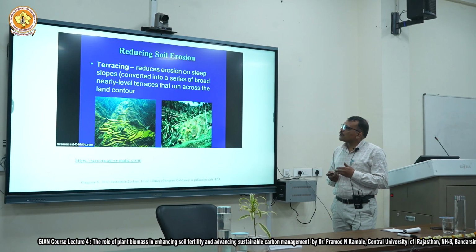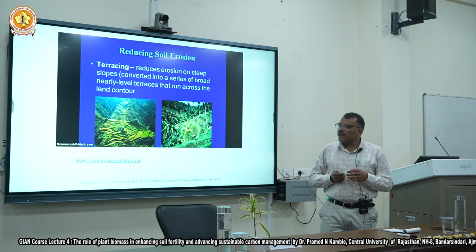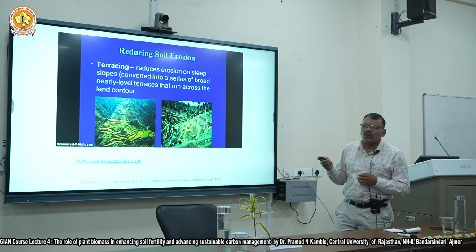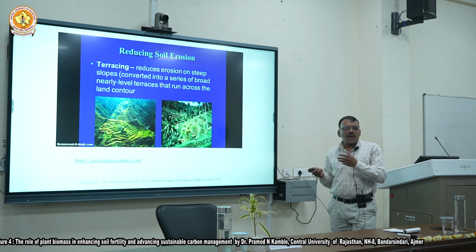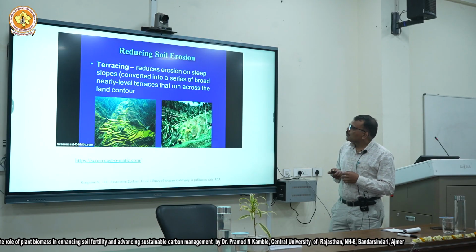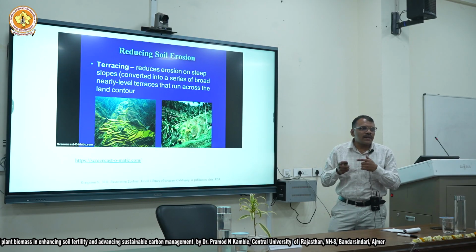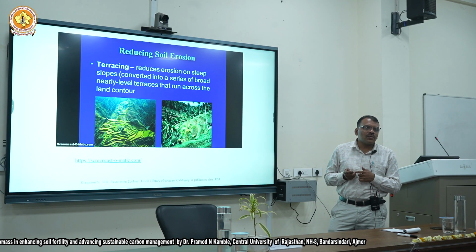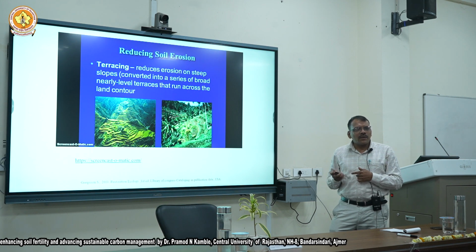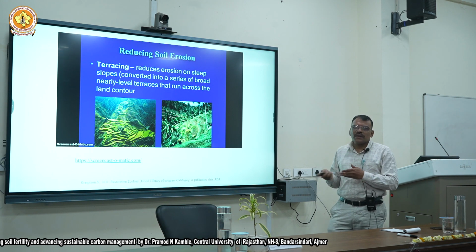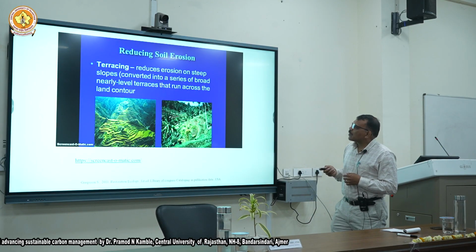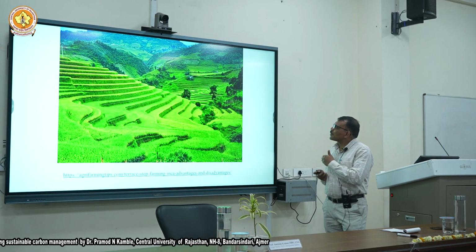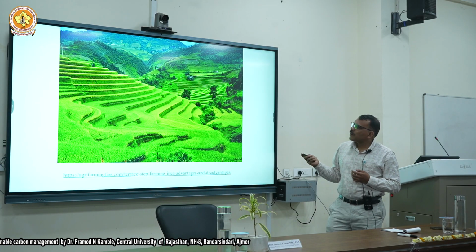To reduce soil erosion, there is terracing, which you will find in hill areas, for example some parts of Kerala and the Western Ghat region. One should go there and understand what kind of mechanism they are utilizing and how productive it is. It is a very nice place to visit, and if you go to the Western Ghats, you will really enjoy the atmosphere.